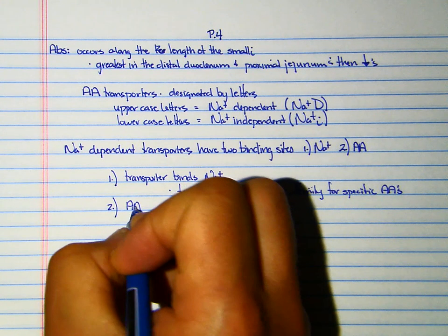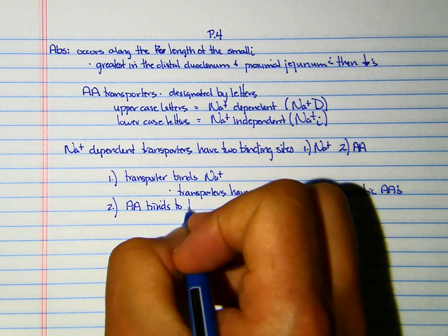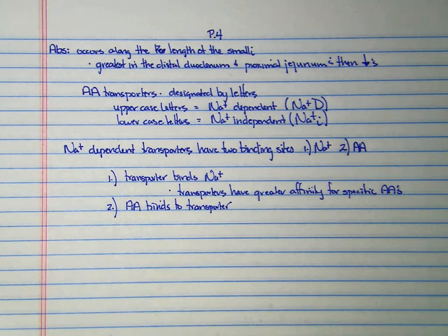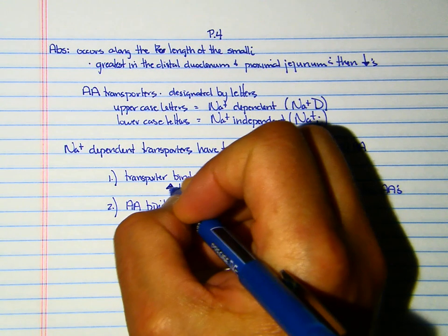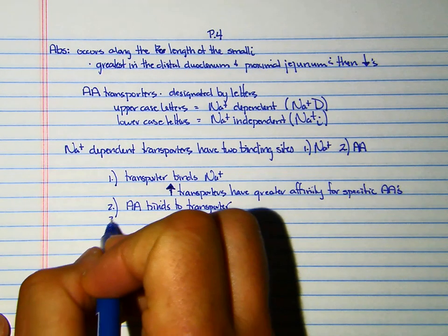So the amino acid binds to the transporter, and the presence of the sodium increases the affinity for the amino acid. So we need to put an increase there just so you know that. So we have a transporter, it binds to sodium, it now has a greater affinity for the specific amino acid, so it finds that amino acid, and that amino acid binds to the transporter.